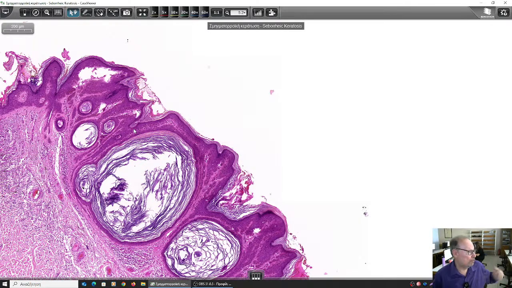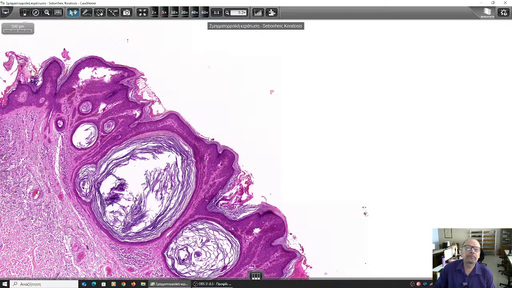Yes, and if the majority of cells are dark, that would be a basal cell papilloma. That's known in a clinical context as seborrheic keratosis. That's the clinical term. I'm not sure that it is so accurate, because if we look at the cells, the basal cells most times predominate, and they are more than the squamous cells.